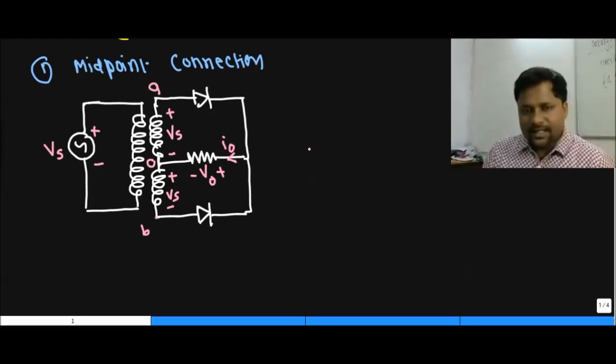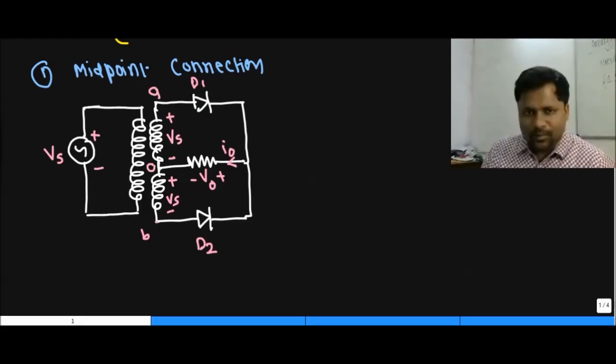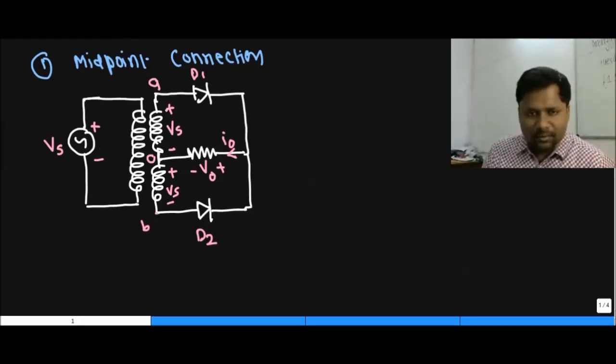So first we can draw the basic operation. This is diode 1, this is diode 2. During the positive half cycle, this plus tries to turn on diode D1 and the current goes towards the load. During the positive half cycle, similarly, the OB part has a plus and minus, so the current from the source Vs is going to turn off the diode.